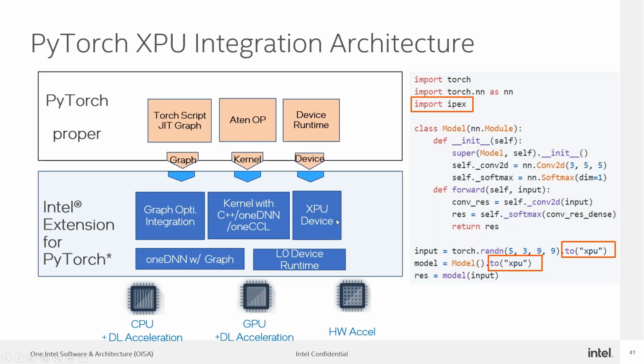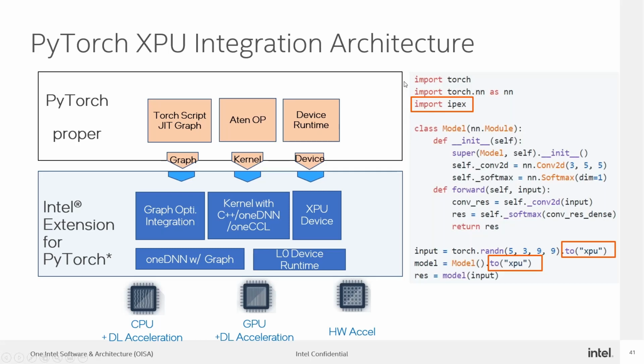We register this XPU device into the PyTorch device runtime, so that the optimizations will be applied. For GPU, we use the Level Zero device runtime to maximize the performance on Intel GPU hardware. So this architecture works for CPU, GPU, and other hardware accelerators.